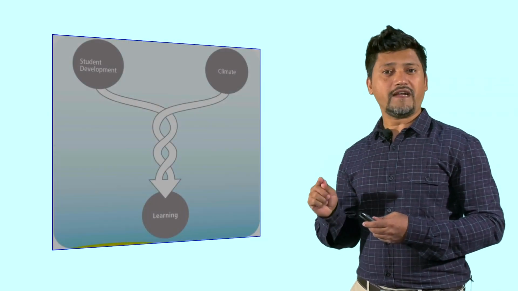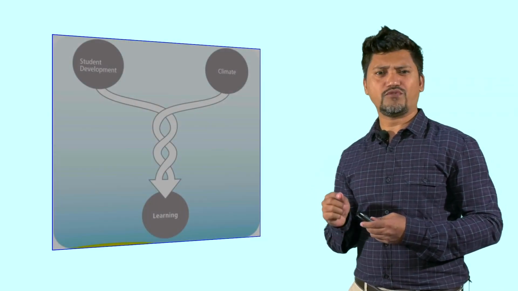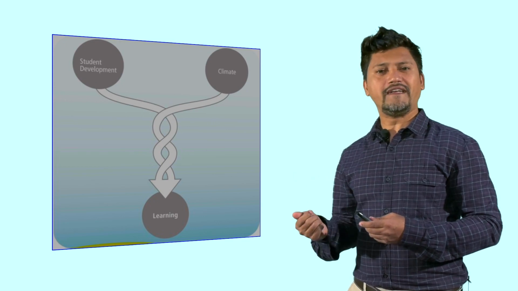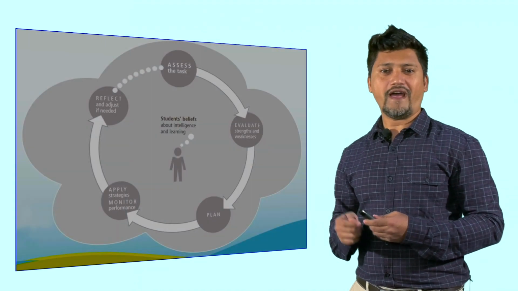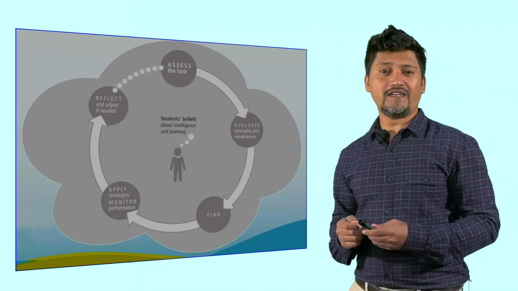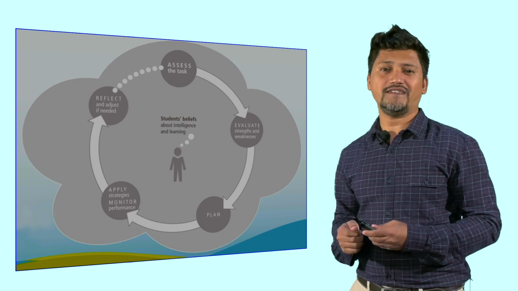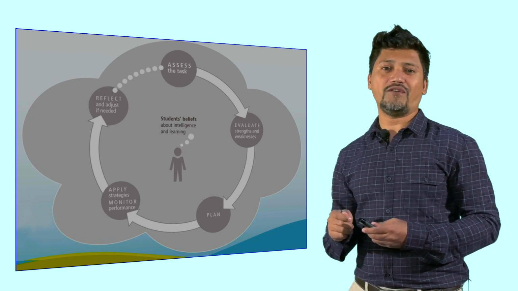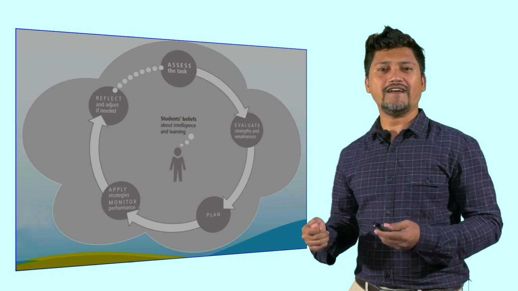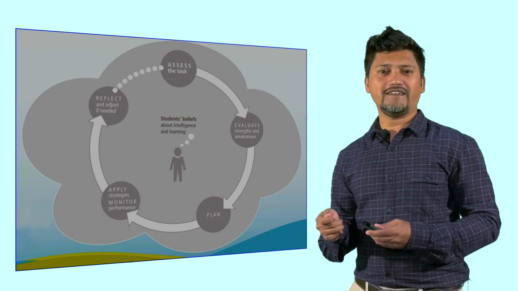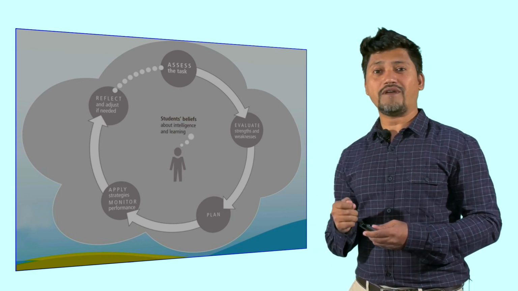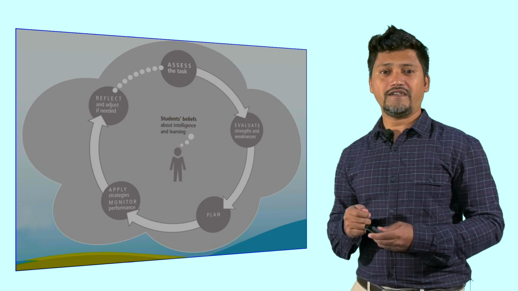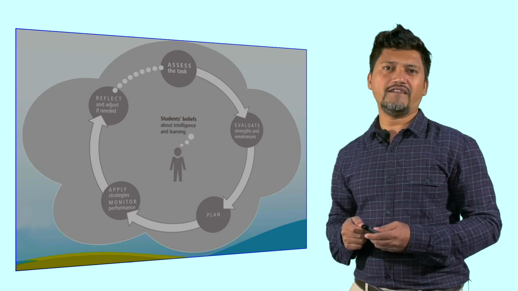The next principle of learning says that students' current level of development interacts with the social, emotional, and intellectual climate of the course to impact learning. As teachers, we need to create classroom environments that take into account students' development and enhance learning. Again here, our observations as educators are very important. It's only through our observation that we can realize the different levels of development that the learners have.